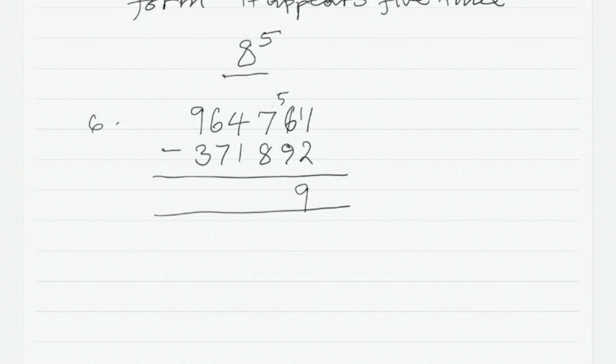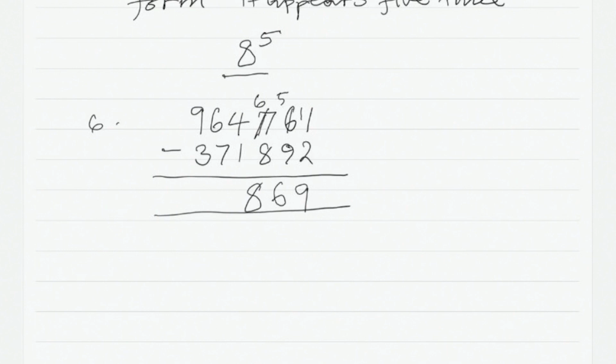Here we remained with 6. So we get 1 from this and put it there, it gives us 16. 16 take away 8, it will give us 8. Here we have remained with 3. 3 take away 1, it gives us 2. Here it is 6 and 7. 7 cannot be subtracted from 6.